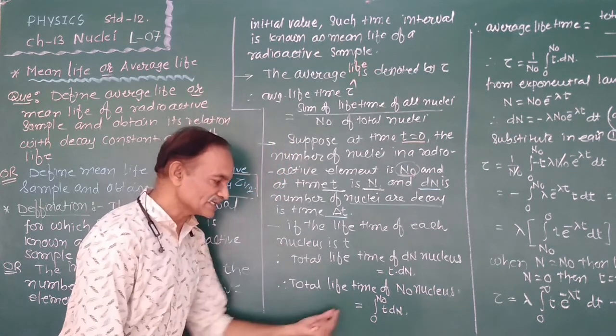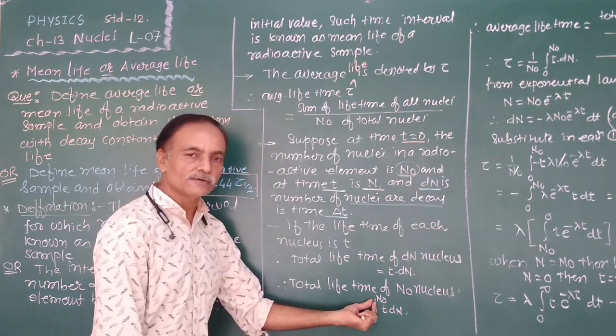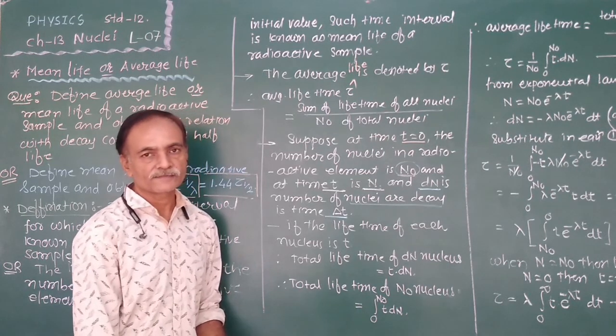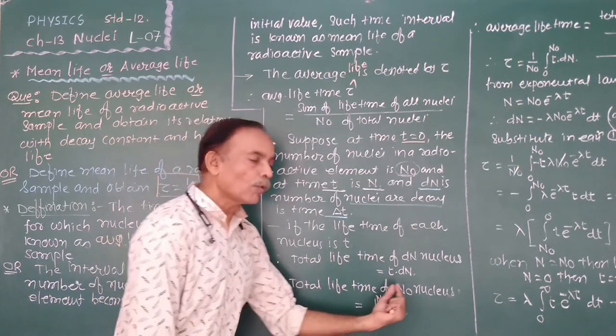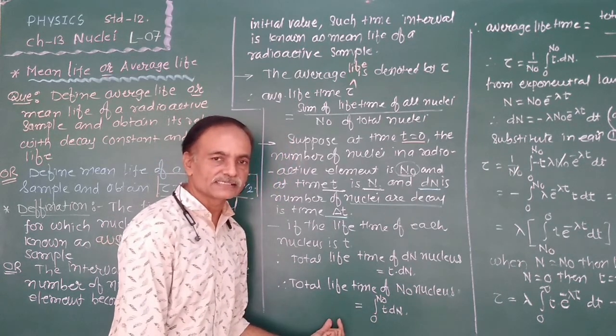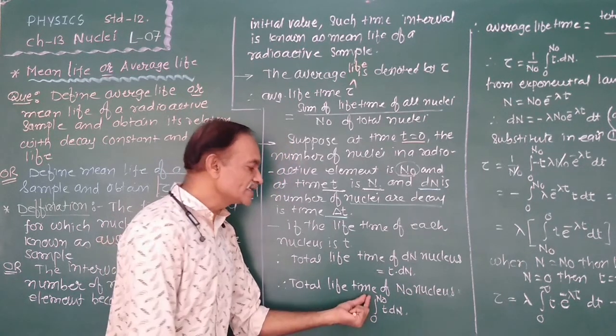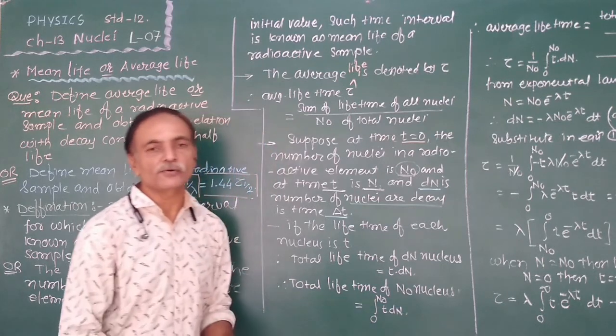So we take the integration from 0 to n0 of t dn.